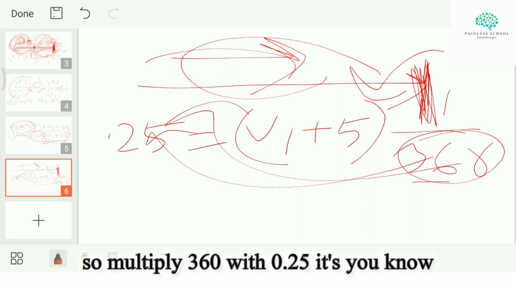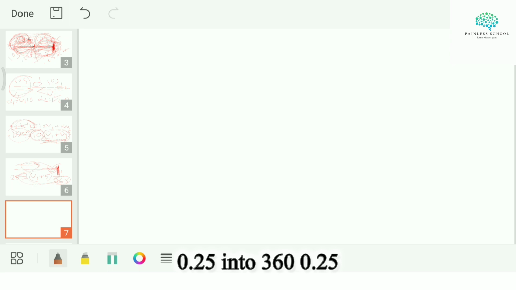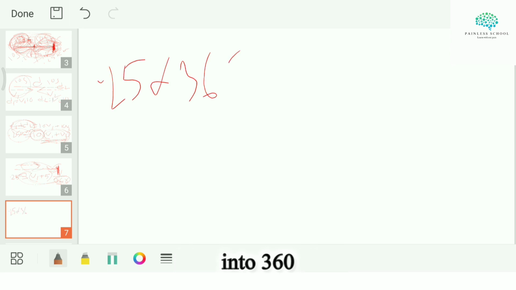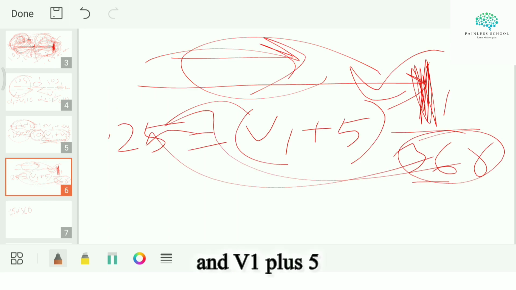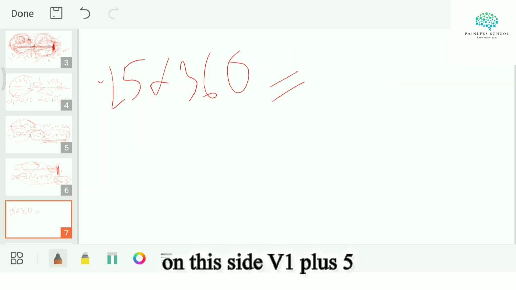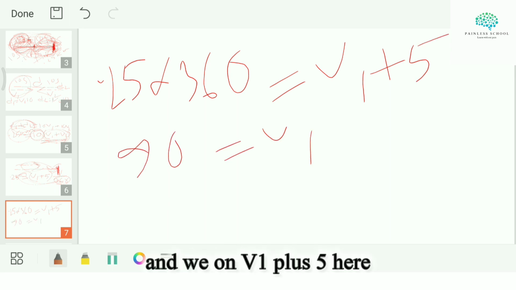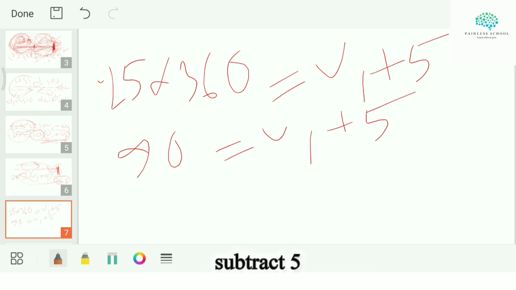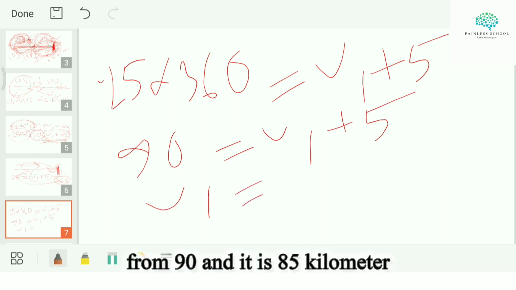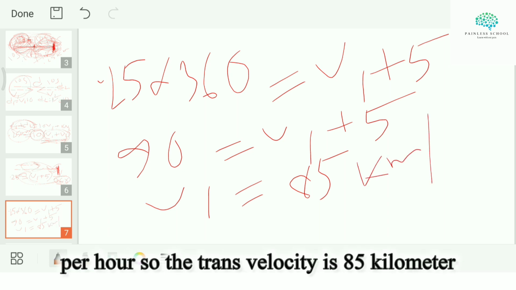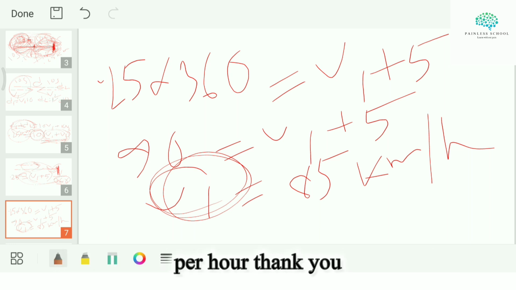It's 0.25 into 360 here, and v1 plus 5 on this side, and this is 90. On v1 plus 5 here, subtract 5 from 90, and it's 85 kilometer per hour. So the train's velocity is 85 kilometer per hour.